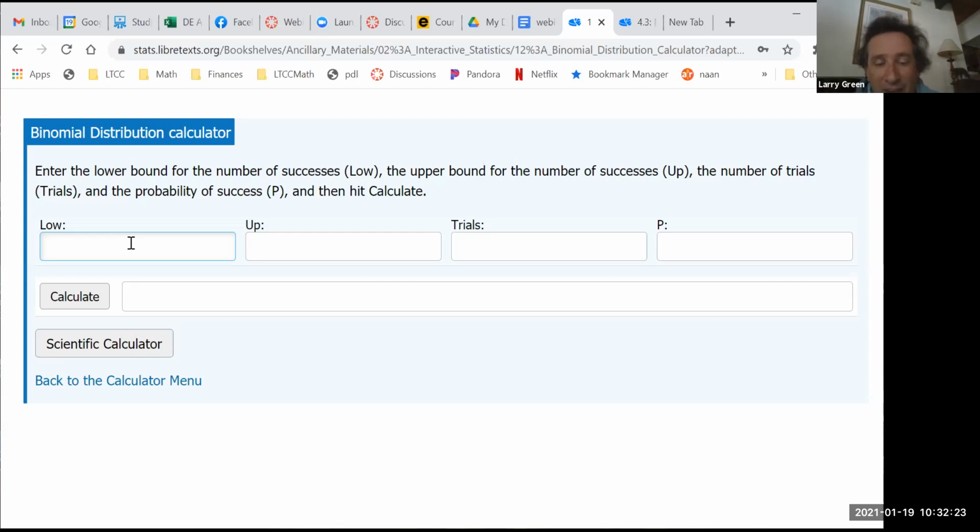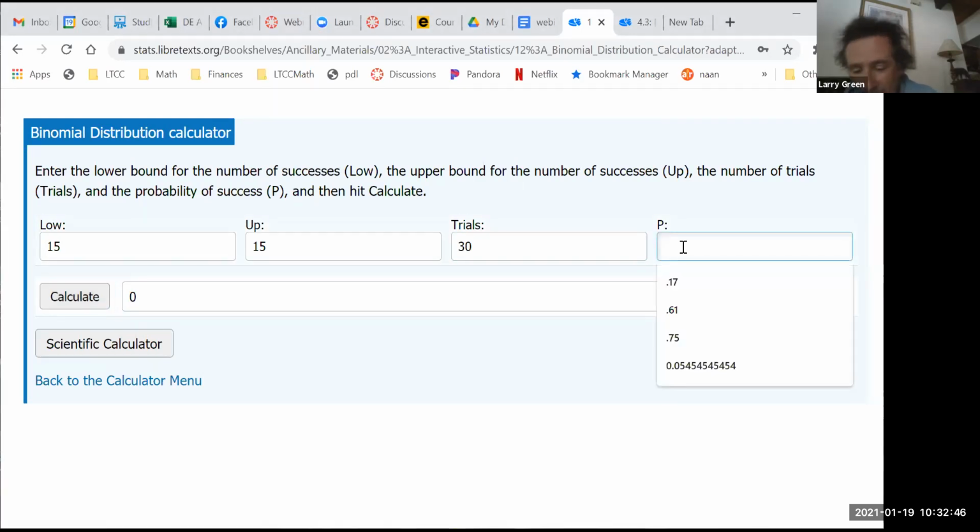Well, in this case, we want exactly 15. So to be right about 15, it can't be lower than 15, and it can't be higher than 15. Any questions on that? Our trials were 30.